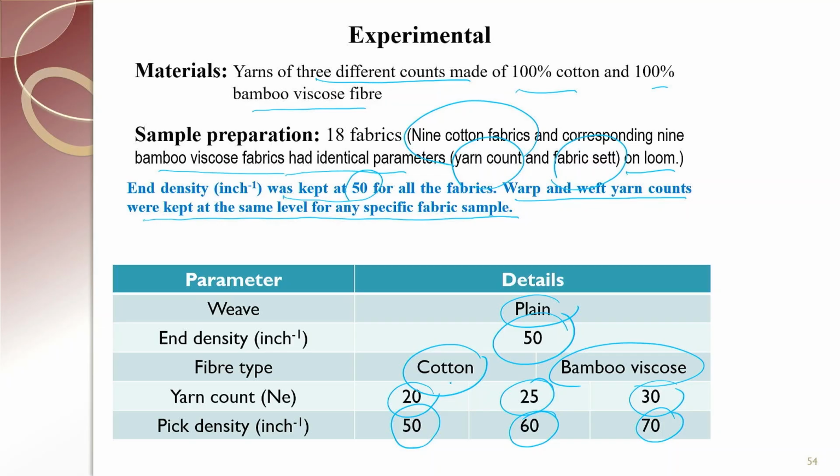So, for cotton we created 9 fabrics with 9 combinations, 3 multiplied by 3, and for bamboo also such 9 combinations we have created. So, the same fabric structure we have kept.